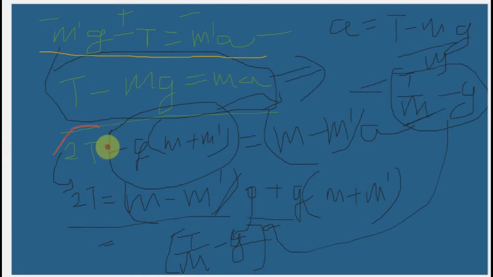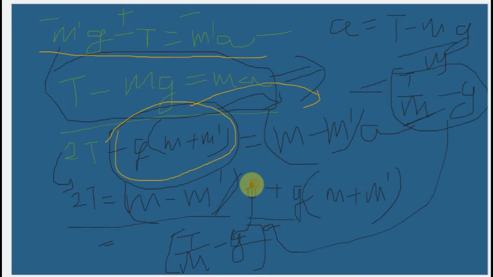Here it is 2T, g is common, so we write minus g into m plus m prime, and the acceleration is common, so we write m minus m prime into acceleration. Then in the second step, we do something simple: this minus g into m plus m prime, moved to this side, becomes plus g.